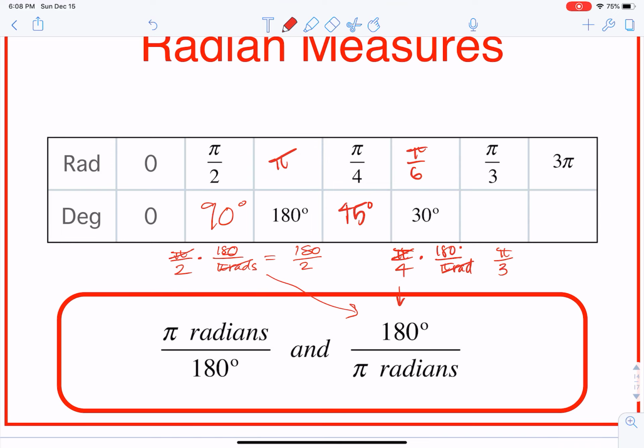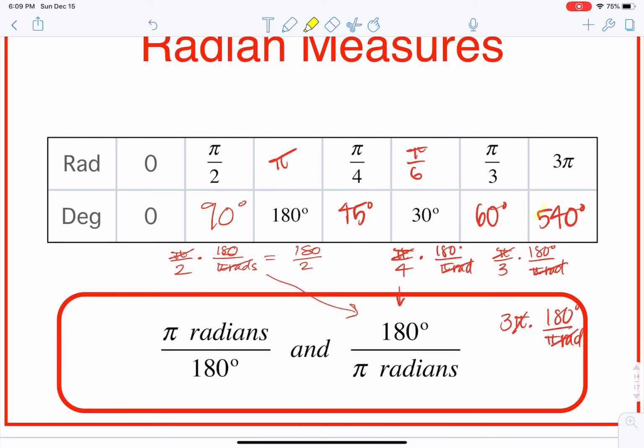Pi over 3 radians times 180 degrees over pi radians, I have 180 divided by 3, which will give me 60 degrees. And 3 pi radians times 180 over pi radians, my pi radians will simplify out, and I'm left with 3 times 180, which is going to give me 540 degrees.